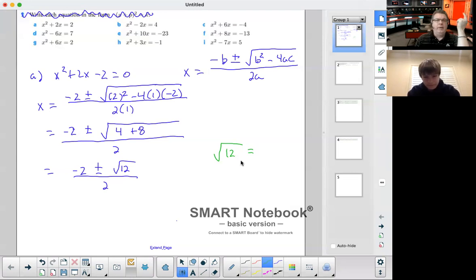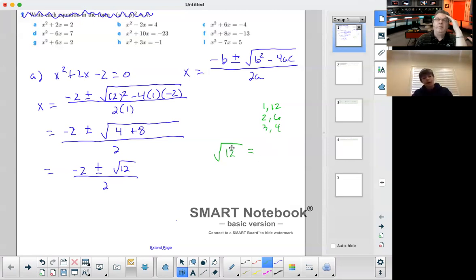If you can't do that in your head or you're nervous about it, just start writing out the factors starting with 1. So 1 times 12, 1's a perfect square. That doesn't help ever, but I like to write it as a starting point, and then just go up using your integers. 2 times 6. Neither of those is a perfect square. 3 times 4, 4 is a perfect square, isn't it?